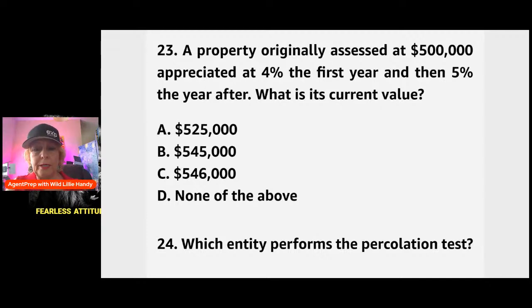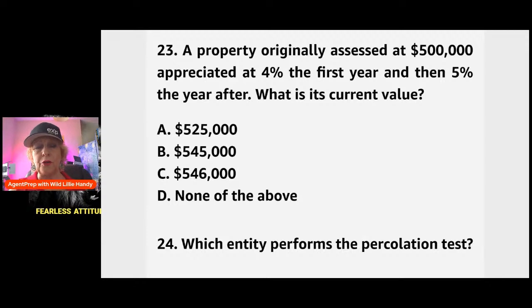Right, so we need to multiply by, you can do it different ways. So with the T formula, you've got a blank on top, and then on the bottom, 500,000 times, since it's appreciated, it's 100 plus 4%. So you multiply it by 1.04 and then times 1.05 because it continues to increase.